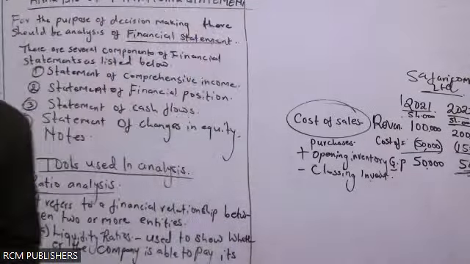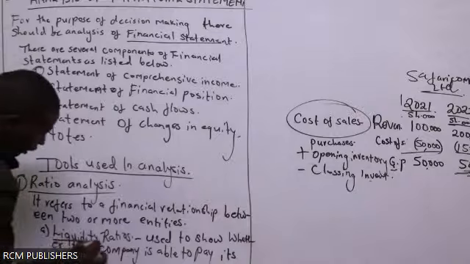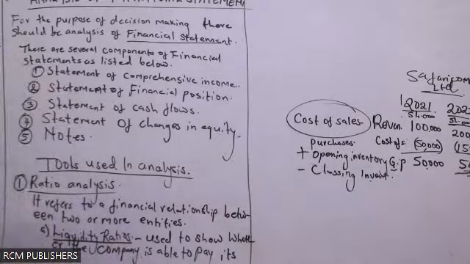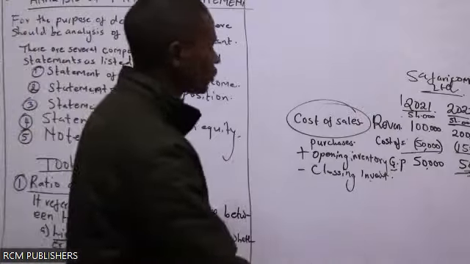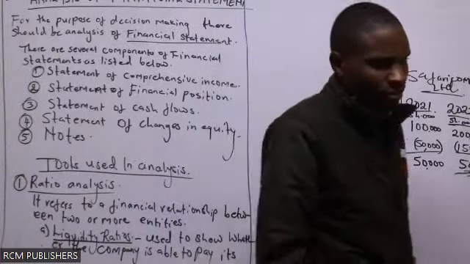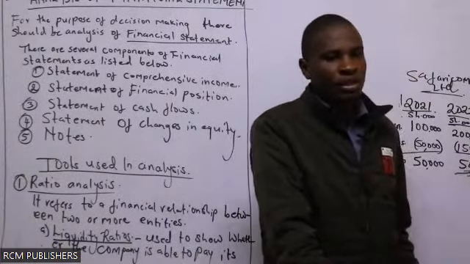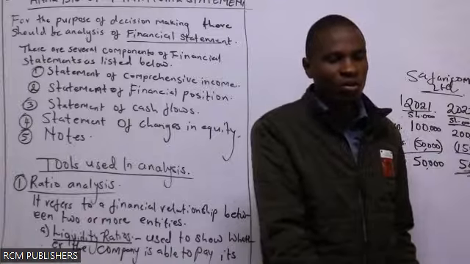Thank you very much. So when you hear of a liquidity ratio, this will help you to determine whether that company is able to pay its short-term debt. When we are talking of short-term debt, these are debts that are payable within a period of how long?